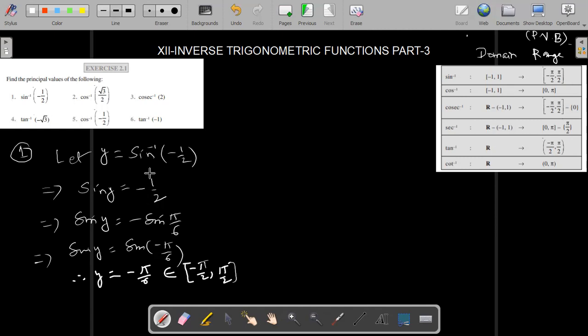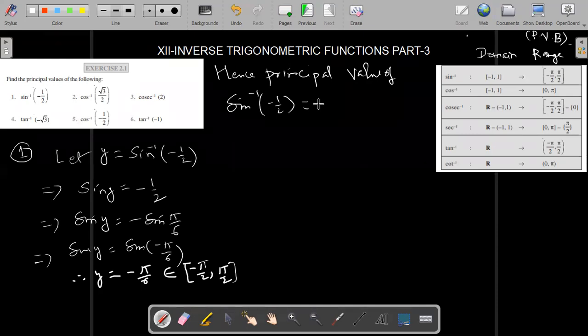So that's why this is the principal value. Hence, the principal value of sine inverse minus 1 by 2 is equal to minus pi by 6.